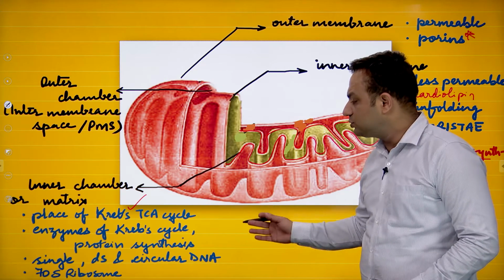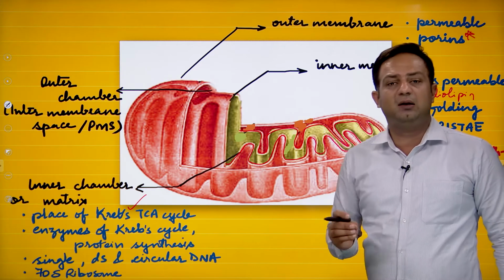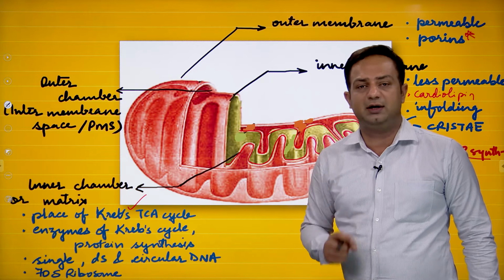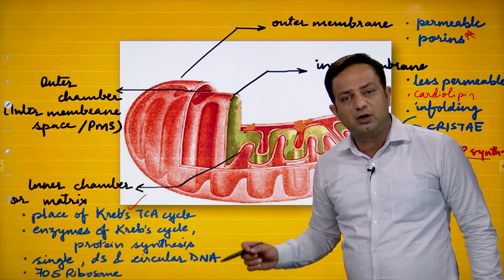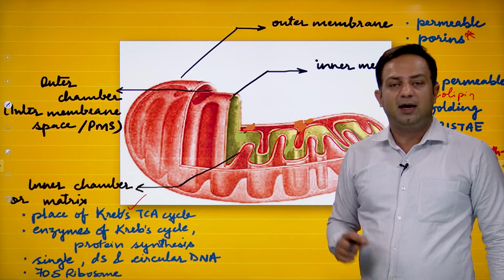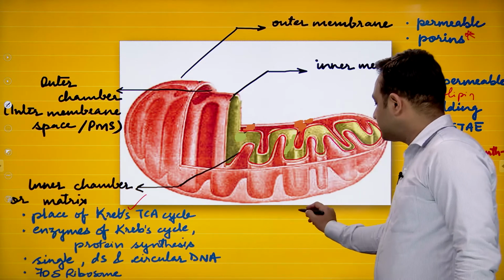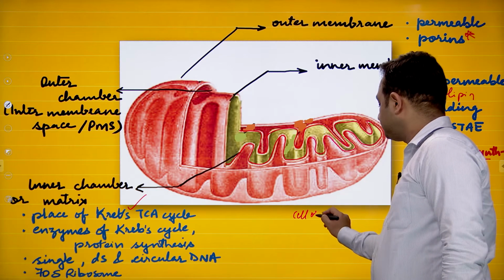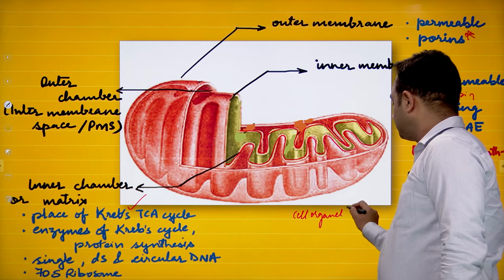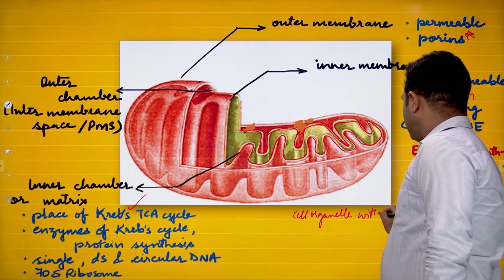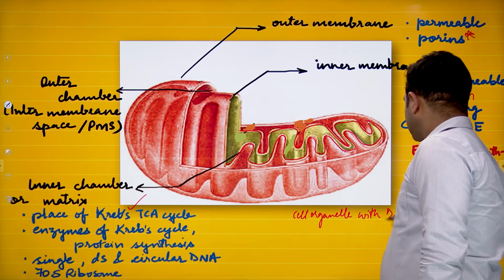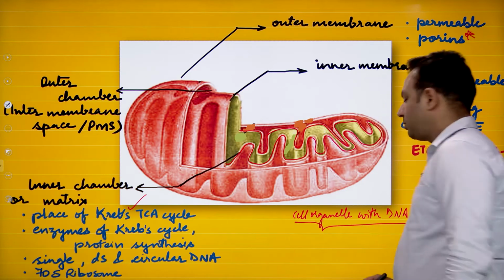And next, it has a single molecule of double-stranded circular DNA. So the cell organelle which has DNA, clear?